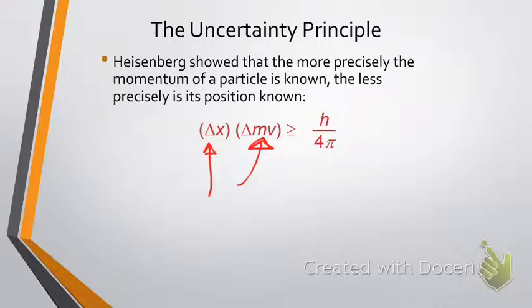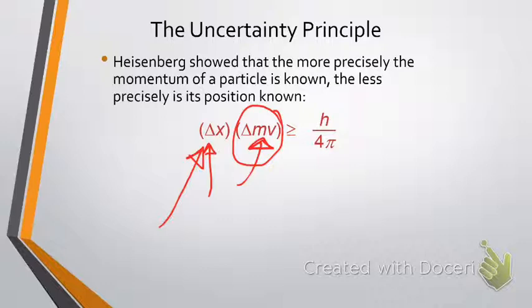I would never ask you to really solve this equation because there's complex math behind it. But what this means is that since we have an idea of the mass of an electron and an idea of how fast it's going, it's impossible to know its exact location. In fact, if you solve this equation mathematically, it's bigger than the size of an actual atom.